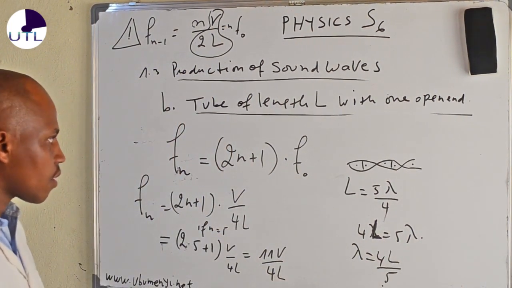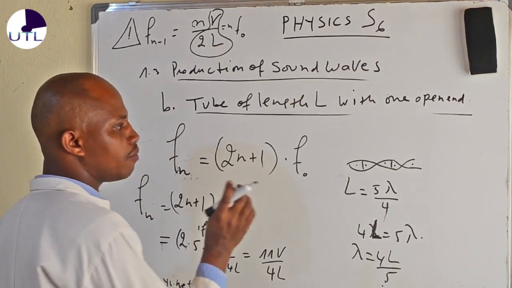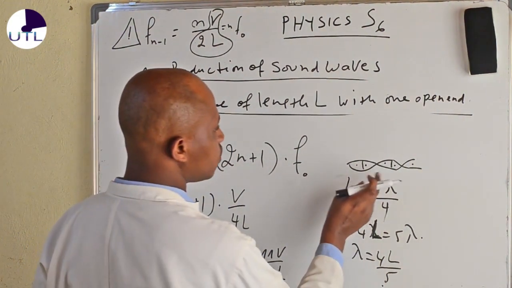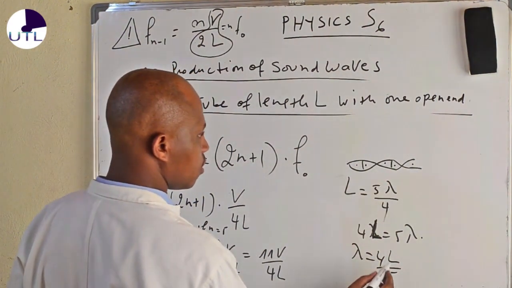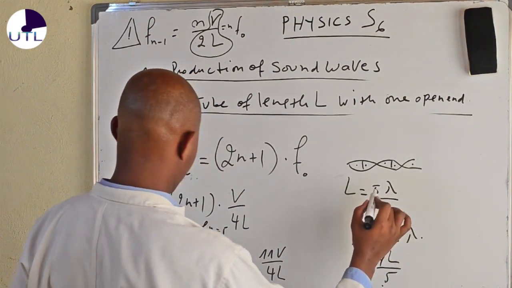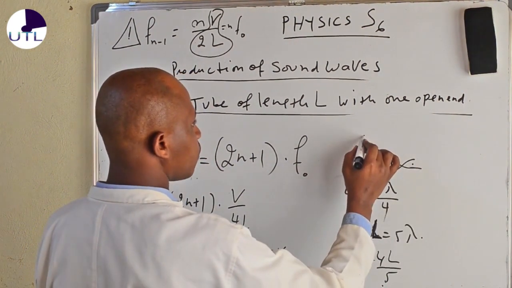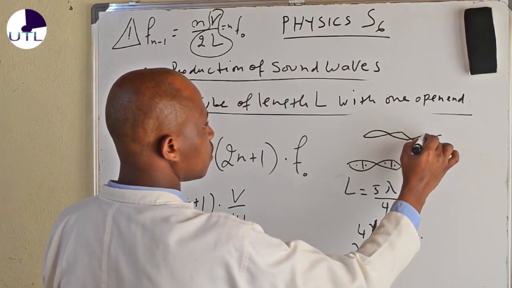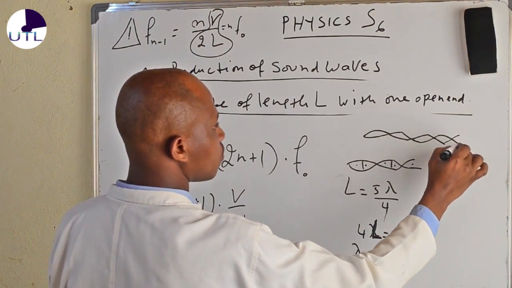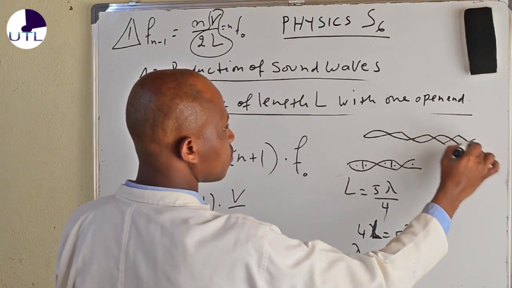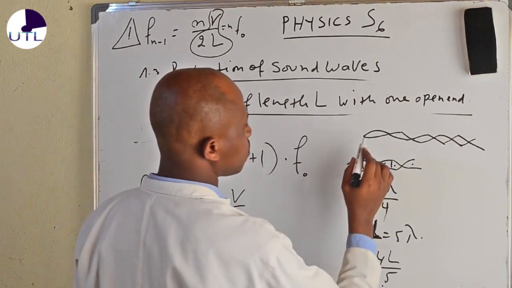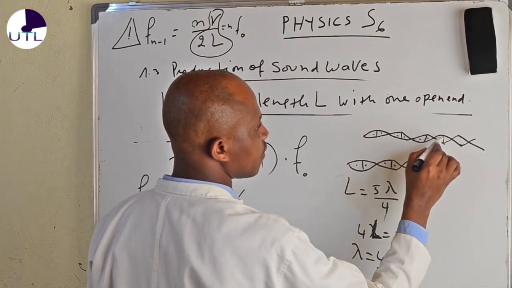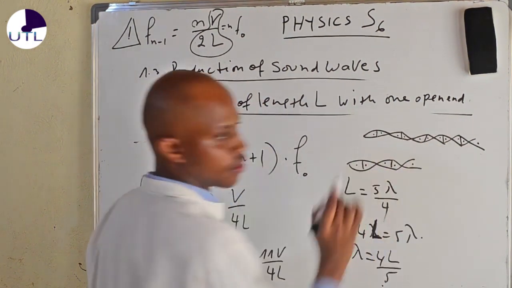Now, if you have, how many open pipes do we have here? Now, if there are 1, 2, okay? So, to have this 11, I have 1, 2, 3, 4, 5. Okay? That is 1, 2, 3, 4, 5, 6, 7, 8, 9, 10, 11.